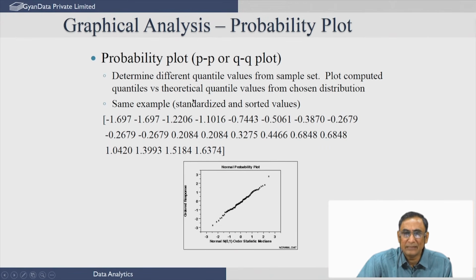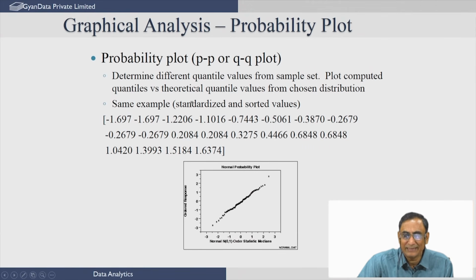Here instead of determining just Q1, Q2, Q3, you compute several quantiles and then plot these quantiles against the distribution which you think this data might follow, and if the data falls on the 45-degree line, then you can conclude that the sample data has been drawn from the appropriate distribution you are testing it against. So this is useful for visually figuring out from which distribution the data came.